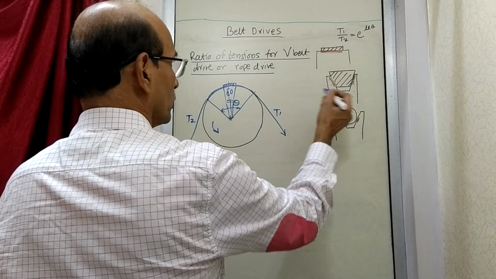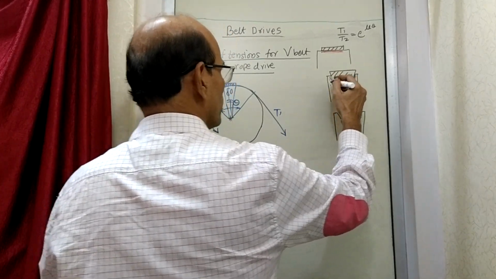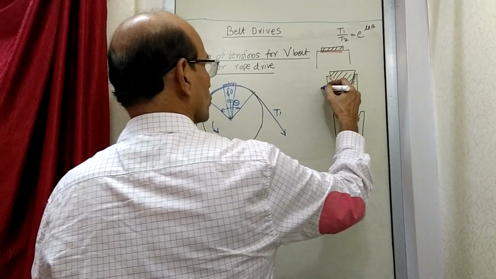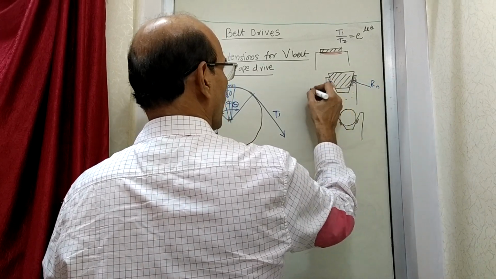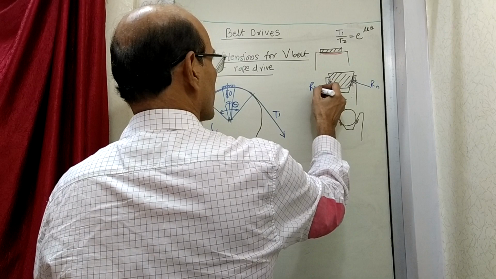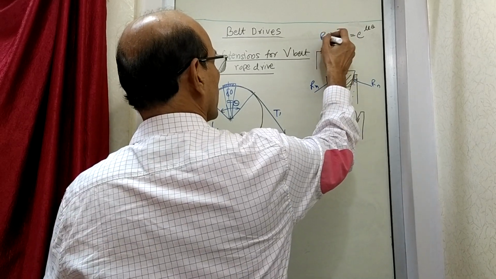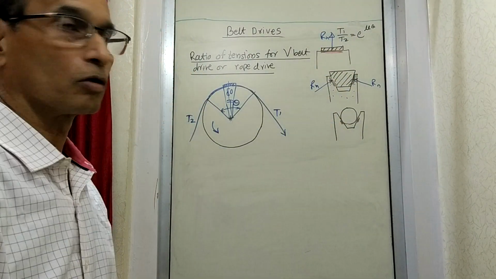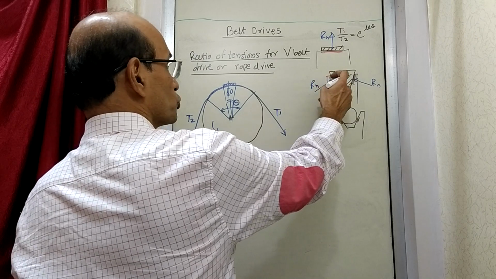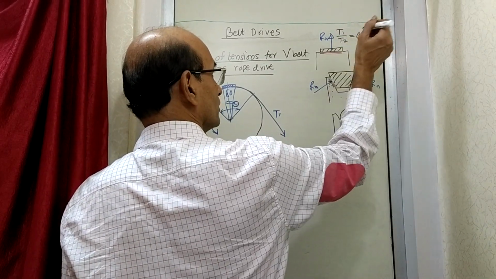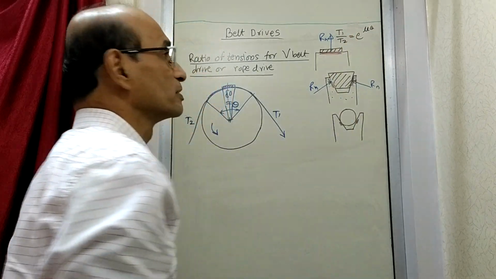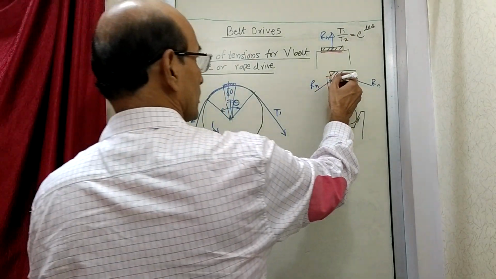And when we draw the side view, we already have the side view here of this. So here the normal reaction is like this, Rn. See, last time the normal reaction was like this. Now the normal reaction is here. So the frictional force last time was like this. Now the frictional force in this case is like this.